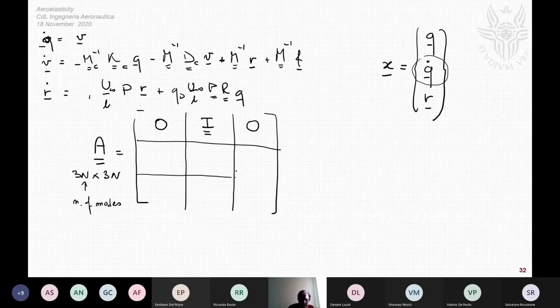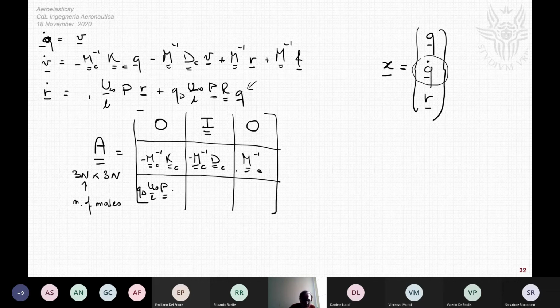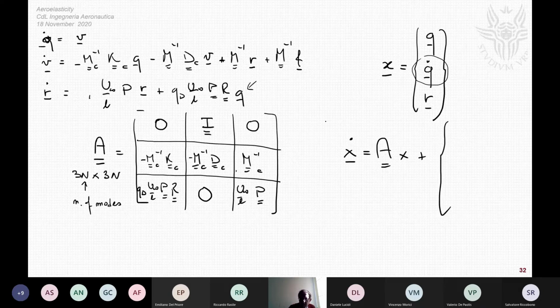Second equation, we have something multiplying Q, and is this term here, so we have minus M_C^-1 K, and we have minus M_C^-1 D, and we have M^-1 C. And finally the last equation, something multiplying Q is this part, so we have Q_D U by L P R. Second term is 0, and the third term is U by L by P. So defining this matrix in this way, we have X dot is equal to AX plus, what about the forcing term?